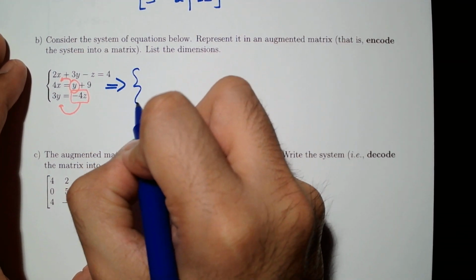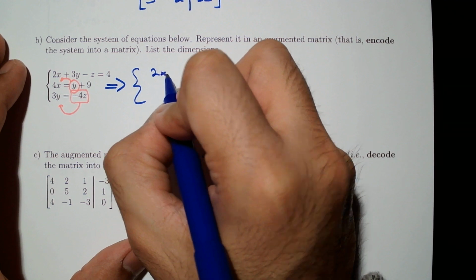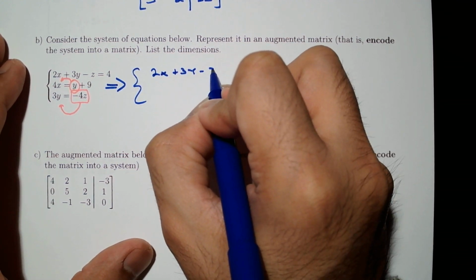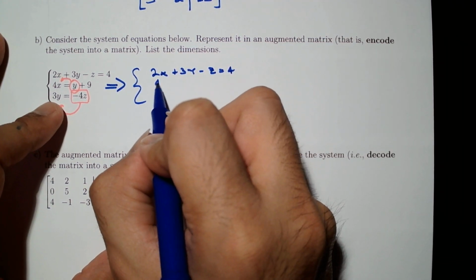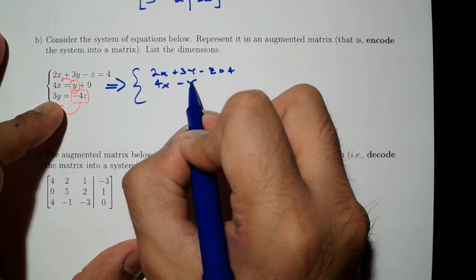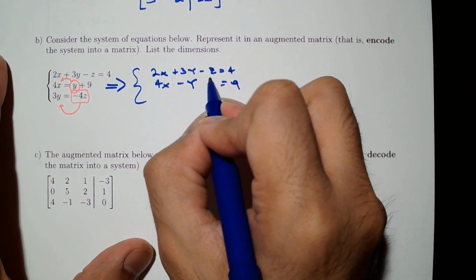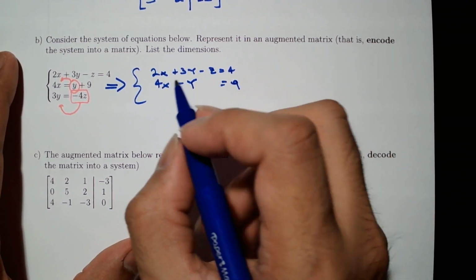I'm going to have the following. The first equation remains the same, 2x plus 3y minus z equals 4. Then 4x minus y equals 9. Keep in mind that there's nothing here, that's 0z if you will.